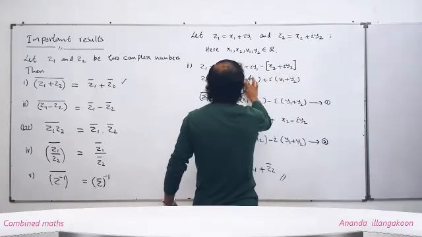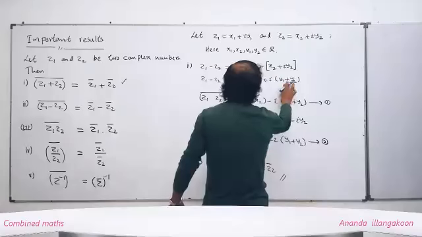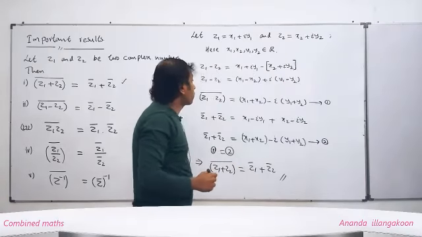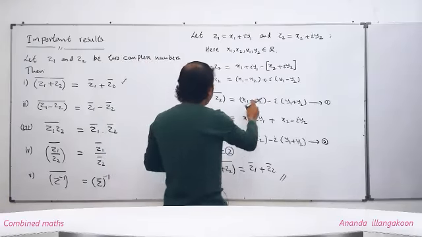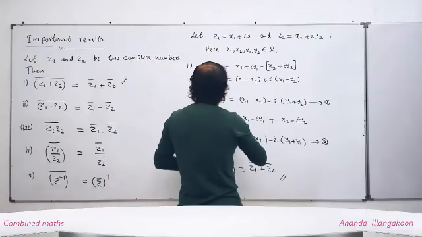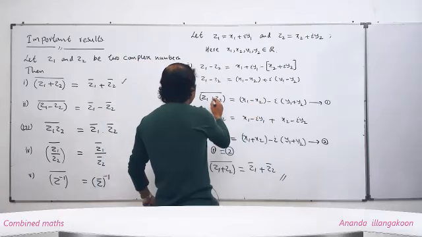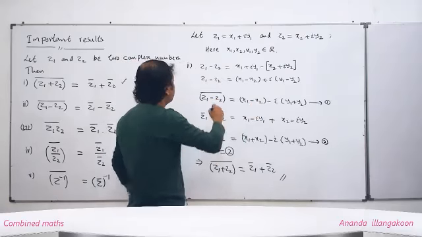Then here we get x1 minus x2. Also take this one, we get here minus, no? Then here we get the conjugate of Z1 minus Z2.